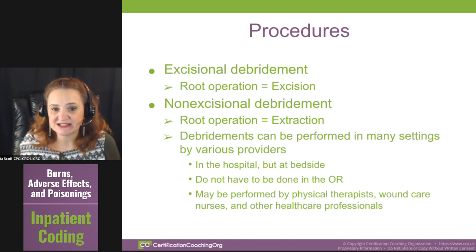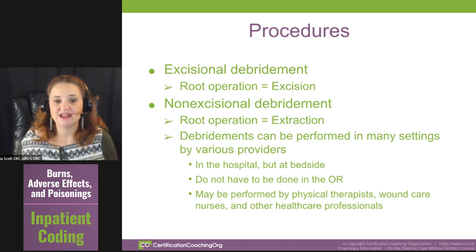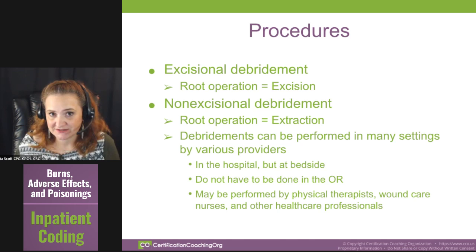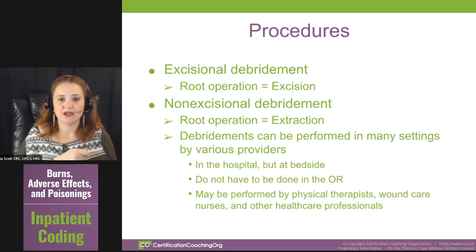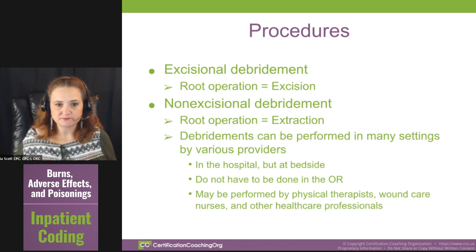Now, if it's non-excisional debridement, then it's an extraction. Make a note of those. Excisional, we're going to cut away. Debridement, 3rd character is excision, and non-excisional debridement is extraction.